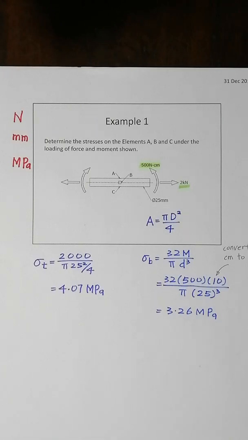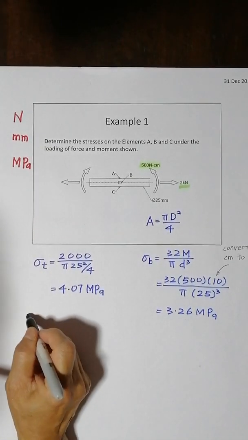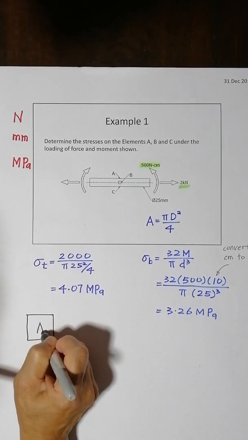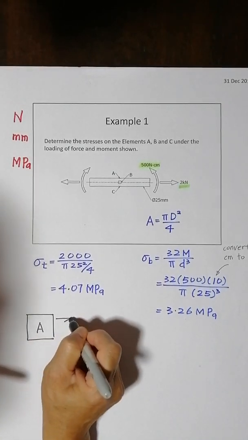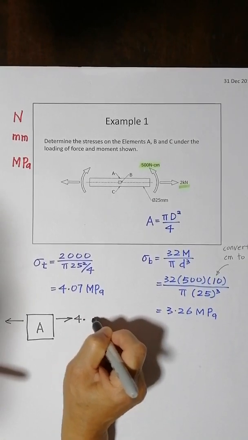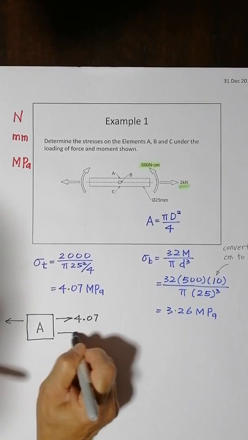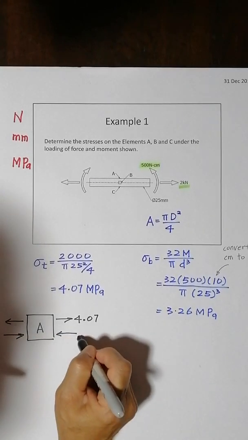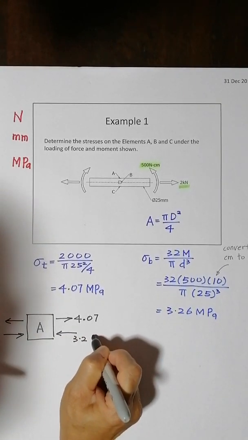Now let me put the stress on element A. Element A, earlier we have drawn it this way. So I'm going to draw the element A here first. Let's say the A is here. Element A, the tension, we have 4.07. Then the bending stress, which is making it compressive, is 3.26.